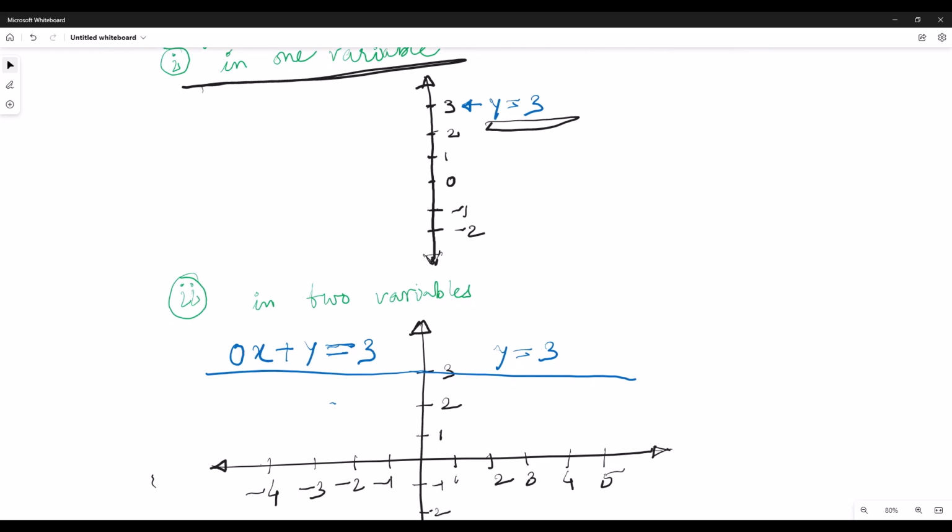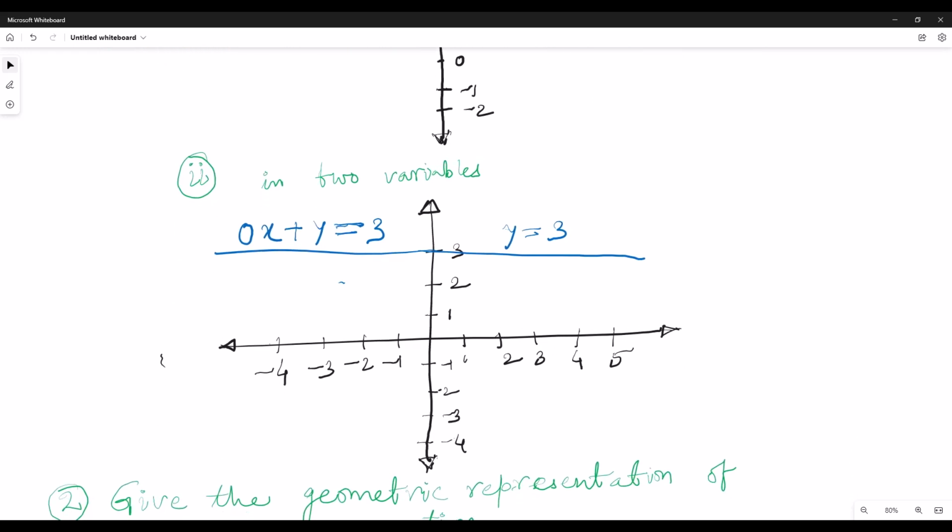And in two variables you can write it in the coordinate plane. So that is 0x plus y equals 3. That is true for any value of x, and y has to be 3. So the general point is x and 3.